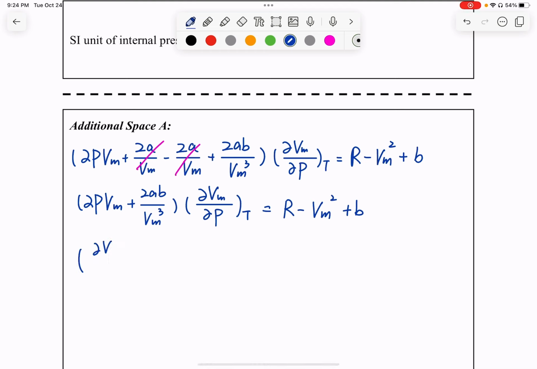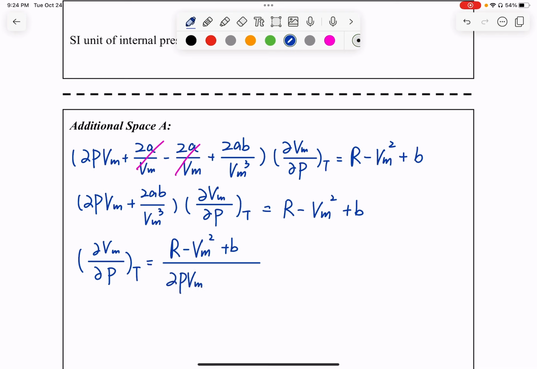Solve for this partial derivative. We got the partial derivative of Vm over p at constant T equals R minus Vm squared plus b divided by 2pVm plus 2ab over Vm third.